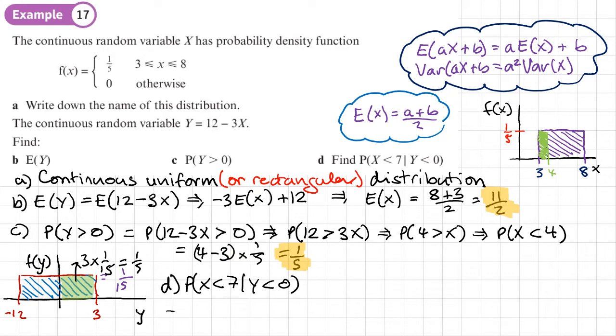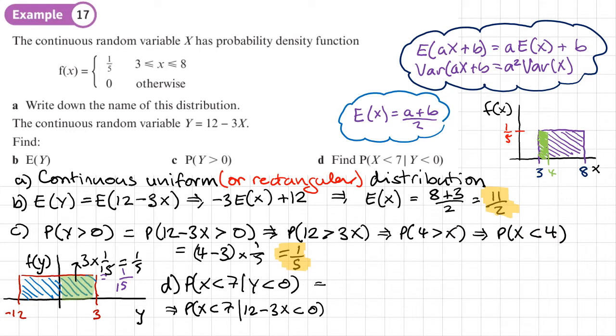So if we do that, we'll get the probability that x is less than 7, given that 12 minus 3x is less than 0. Now you may notice that here we've got 12 minus 3x is less than 0. Before we had 12 minus 3x is greater than 0. So we could go straight to this and just reverse the sign. But let's go through the working just to double check.